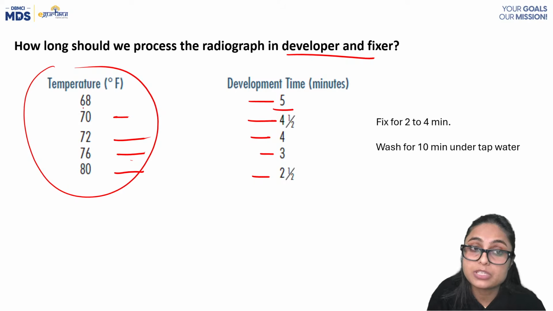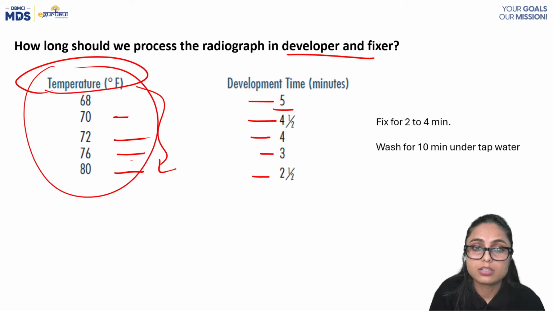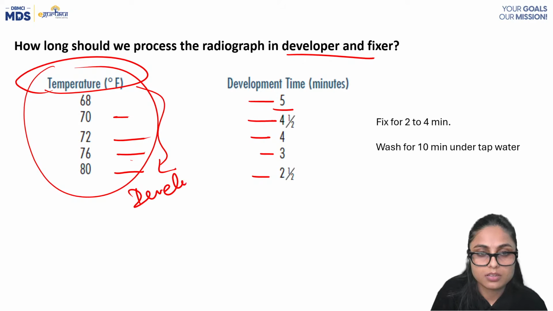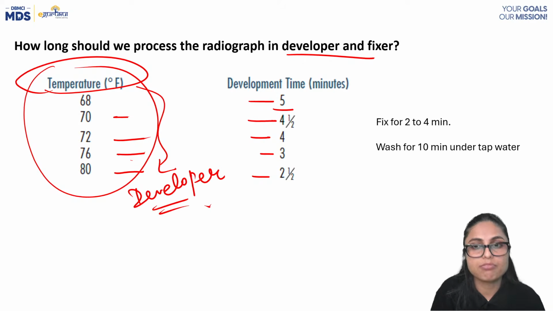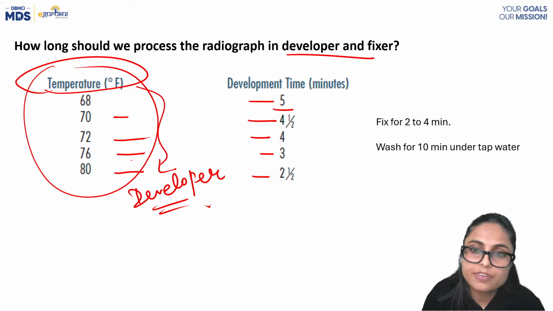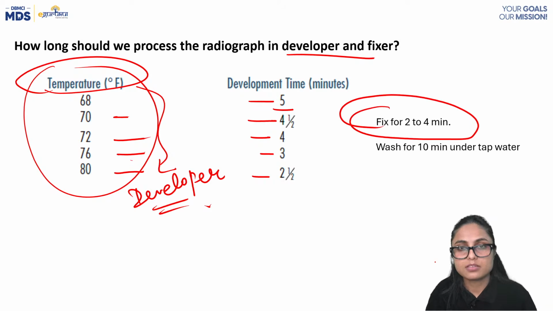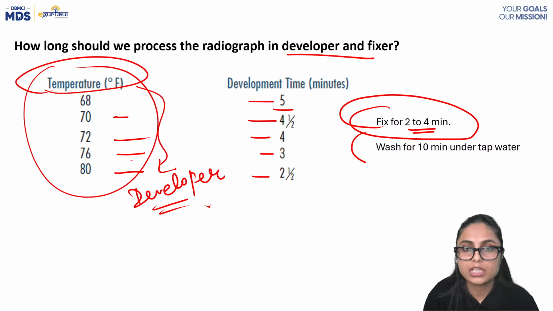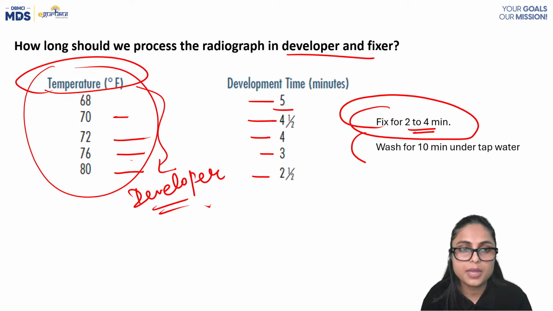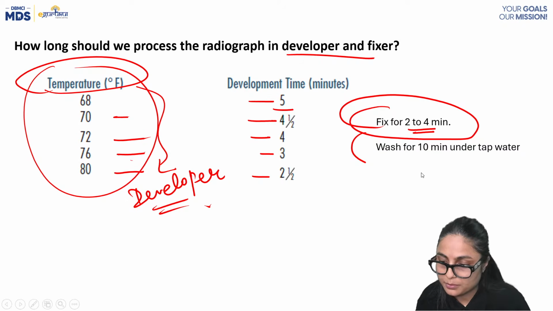It all depends on the temperature of the developer. Then you fix it for 2 to 4 minutes, and then you can wash it for 10 minutes under tap water to remove all the residue of the developer and the fixer.